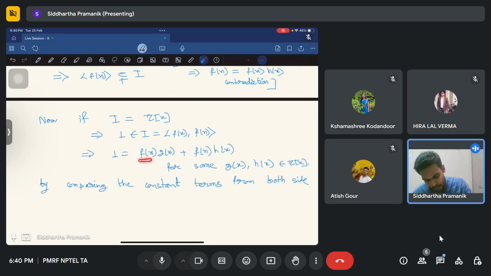So from here you will get a constant term, and here you will get a constant term. So 1 equals, let's say, f0 g0 plus f(n) h0, where f0, g0 and h0 belong to Z.